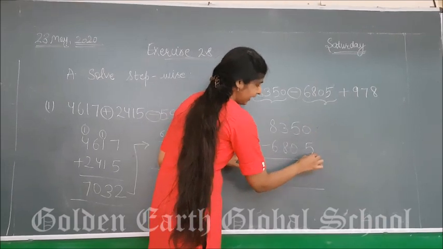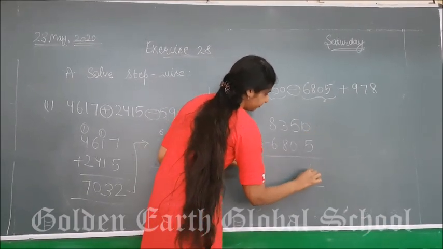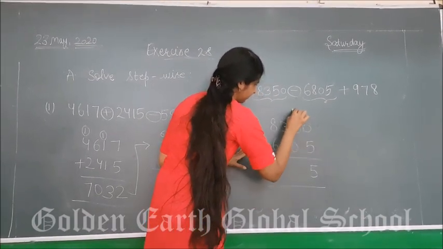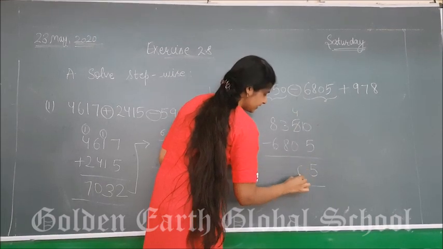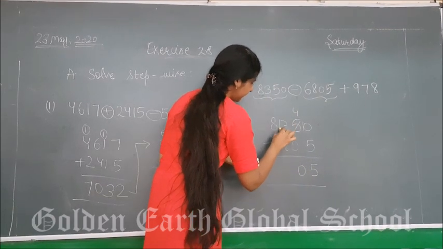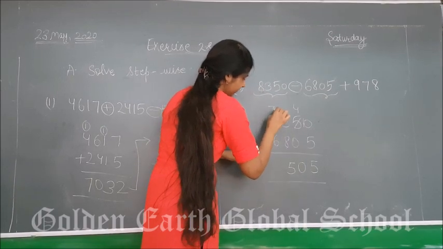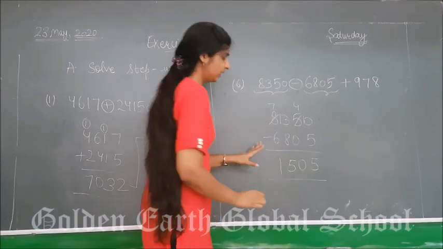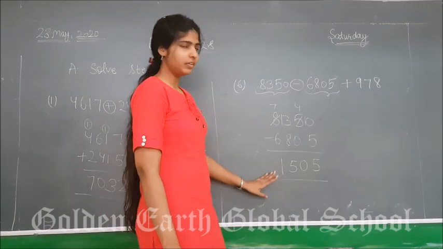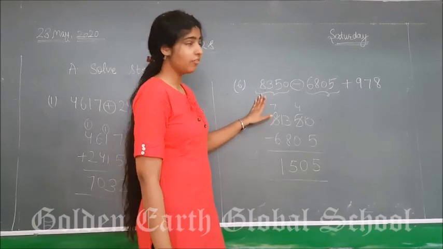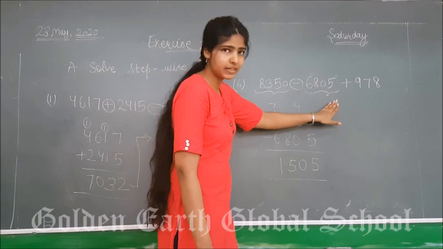So 10 minus 5 is 5. 4 minus 0 is 0. 13 minus 8 is 5. 7 minus 6 is 1. This is the answer that we got from the subtraction of first two numbers.